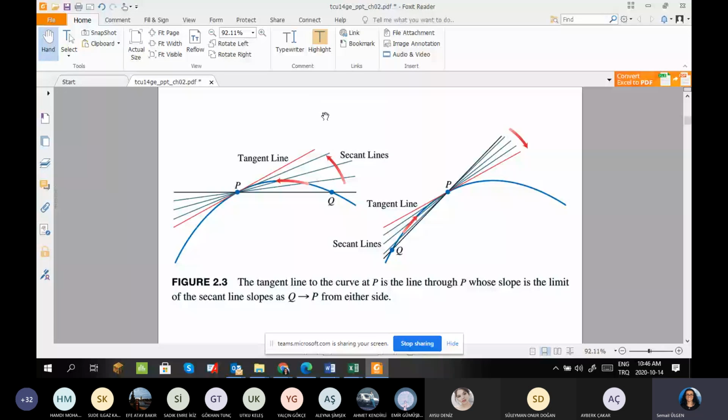Let me tell you, before I leave, because we have 4 minutes, the relationship between the secant line and the tangent line.